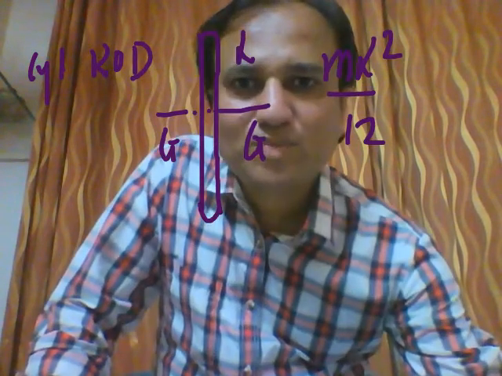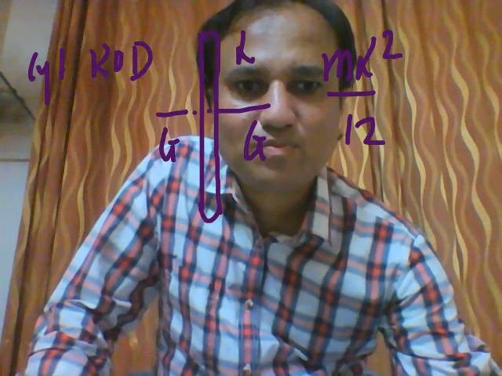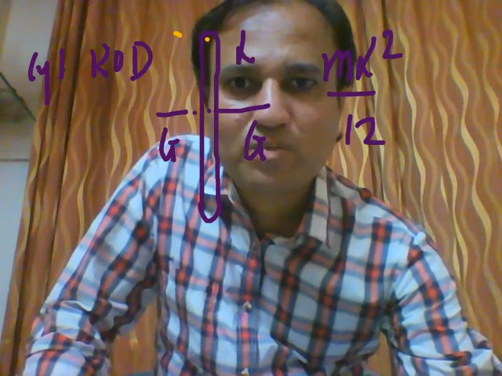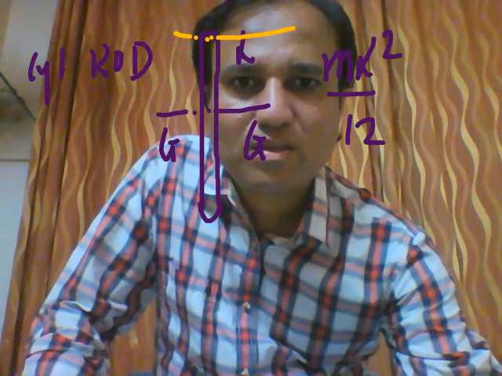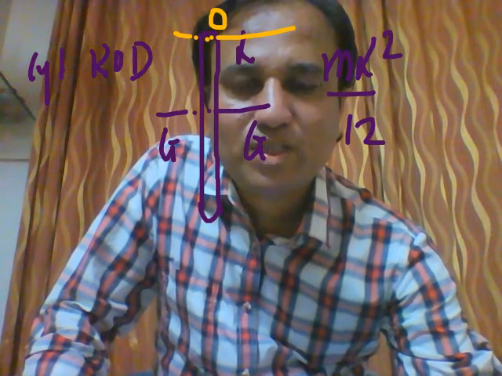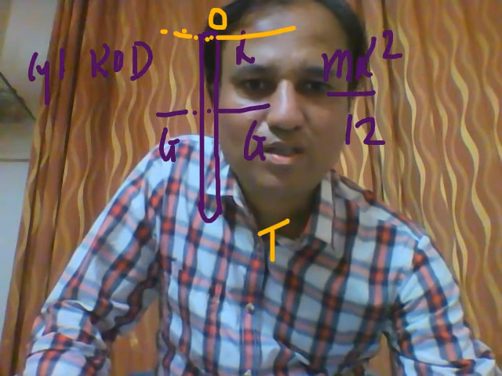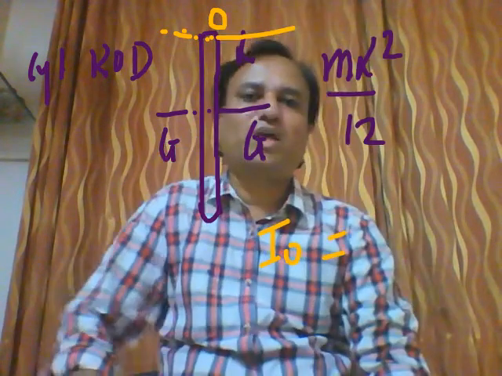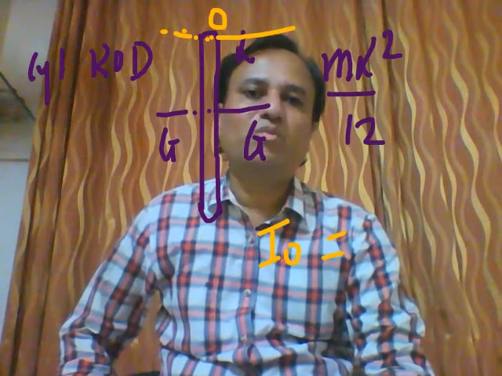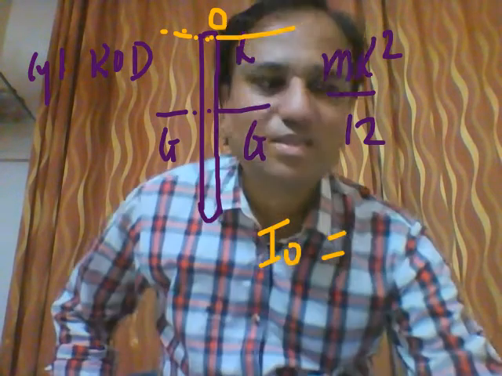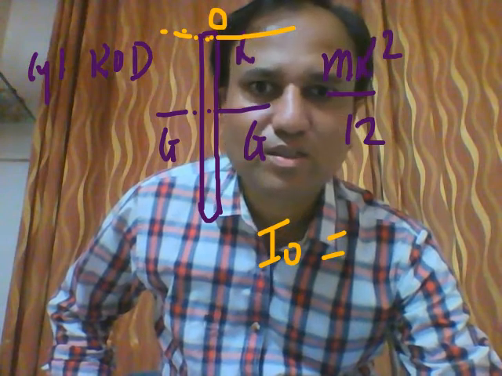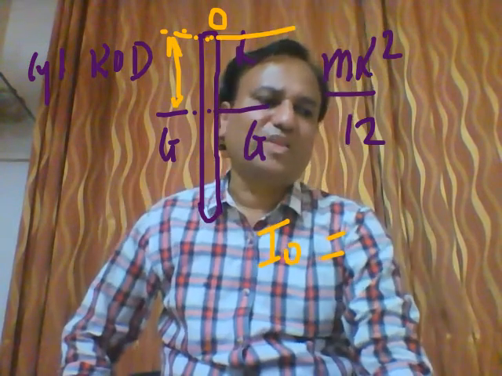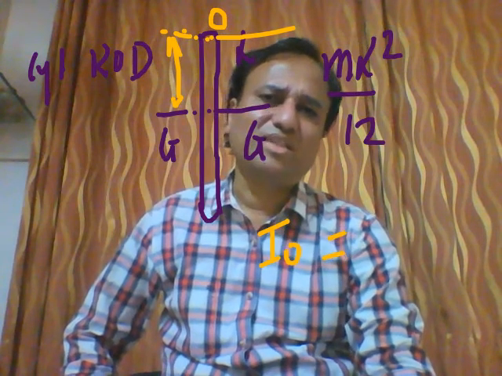Suppose, students, I want to calculate the moment of inertia about the point of suspension. Let O be the point of suspension. What will be IO? Just cross check using the parallel axis theorem. IO will be Ig plus M H squared, where this distance H is L by 2.